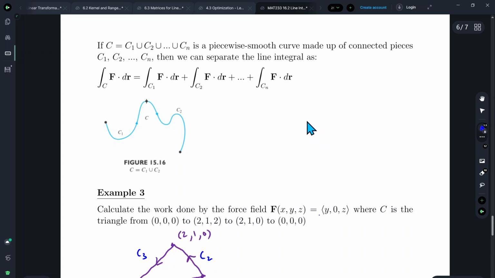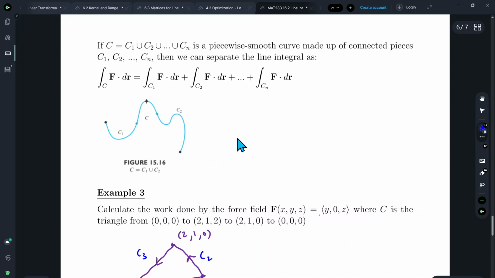In some problems, the curve that we want to integrate over is made up of several connected pieces to form a piecewise smooth curve. This diagram isn't that great because it's actually smooth all the way through, with a nice curvature.